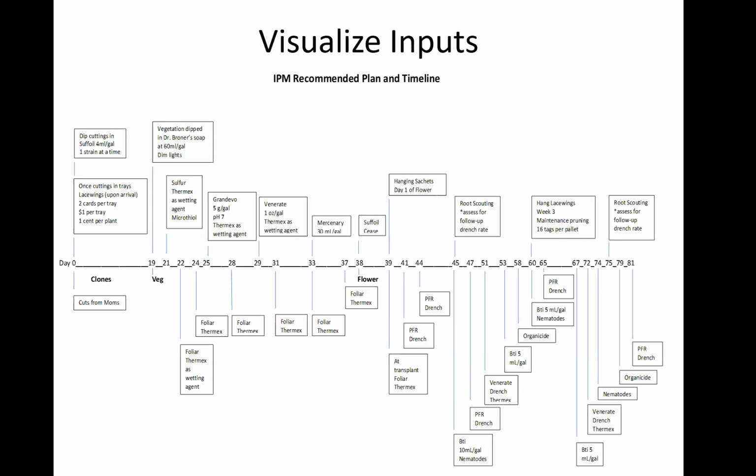Everything below the line is on or in the soil to the different stages: clones, veg, flower. So mapping out this process, recognizing that these are when the inputs are going to happen or could happen, recognizing the cost of each input, and being ready to make a shift if the scouting warrants it.